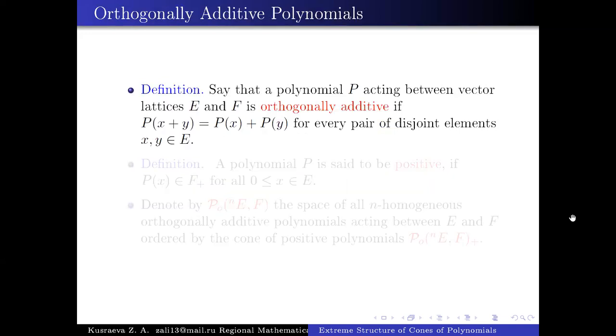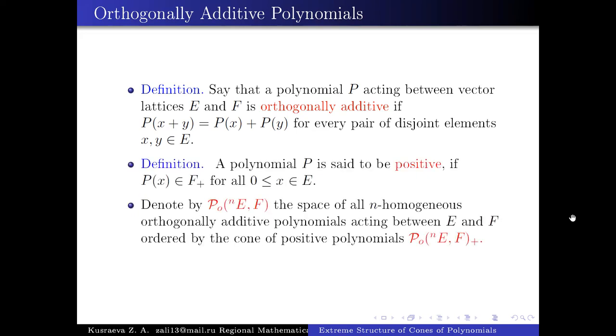We say that a homogeneous polynomial acting between vector lattices E and F is orthogonally additive if it is additive on two disjoint elements of E. Here I will stop on the notion of disjoint elements, and if we again think for ourselves that E is L0 space as we decided to do, then the disjointness of two functions x and y means that their supports do not intersect.